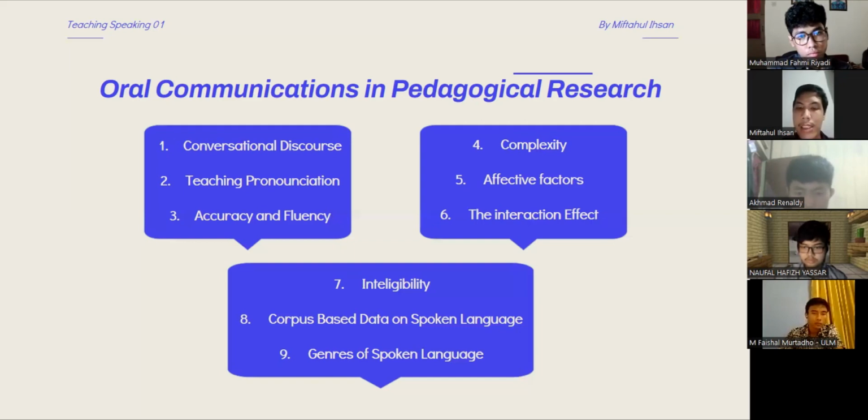The next is complexity. Both grammatical and lexical complexity must be taken into account, but the task design itself may fall into a range of cognitive, strategic, and interpersonal complexity.